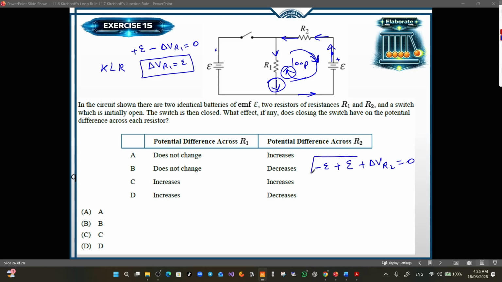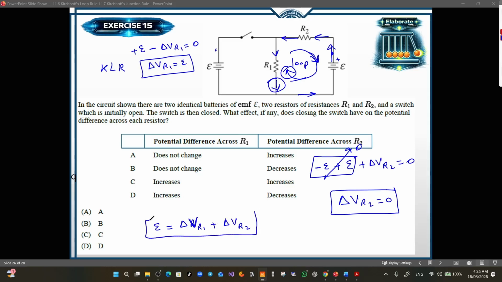Now notice that we have minus E and plus E, so they cancel out, and we can deduce that the delta VR2 is equal to 0, which means the potential difference across R1 has increased, because in the previous trial, when the switch was open, the E was divided across delta VR1 and delta VR2. Now all the electromotive force goes to the delta VR1, so it will increase.